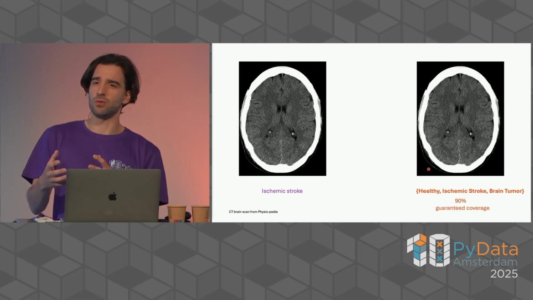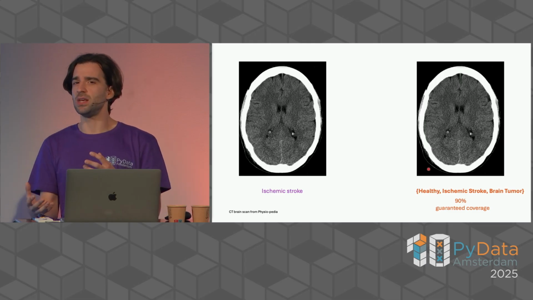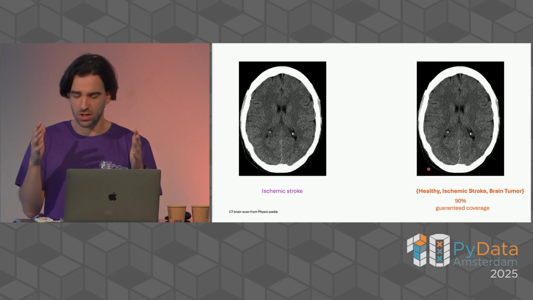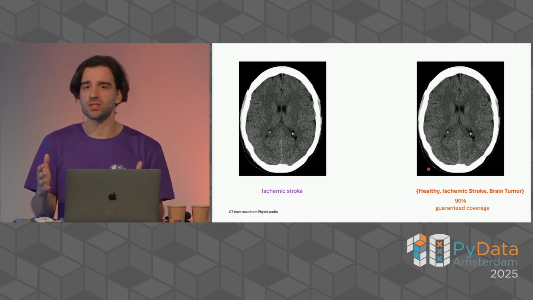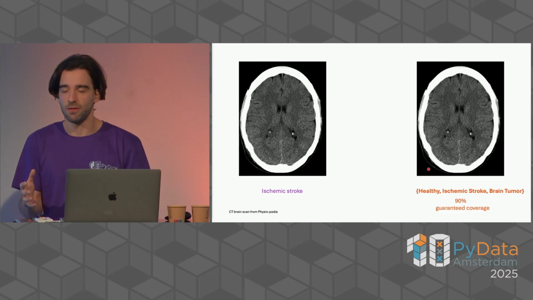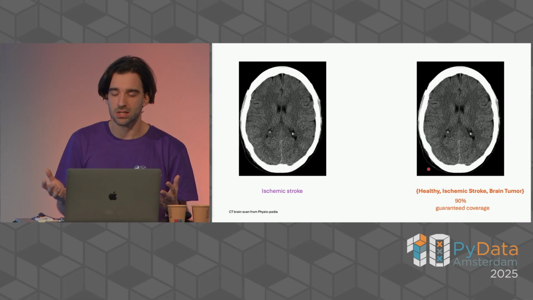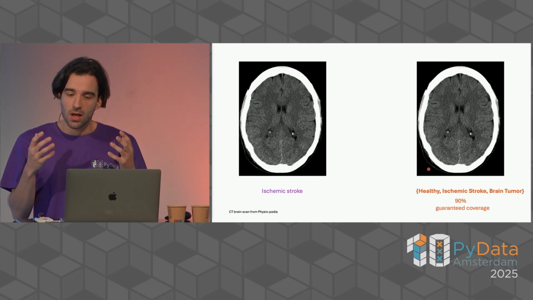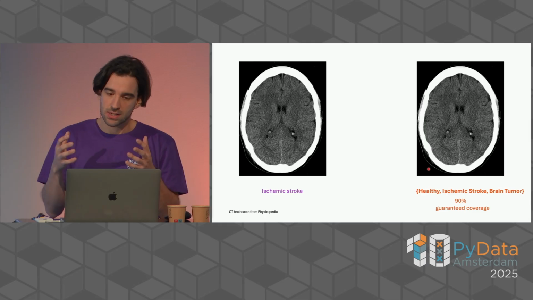How different would your chain of thought be if the model would give you a prediction set, which is guaranteed to have the answer in 90% of the cases, and this coverage is defined by the user, be it the data scientist or the doctor, and it would say, it's either healthy or ischemic stroke or a brain tumor.